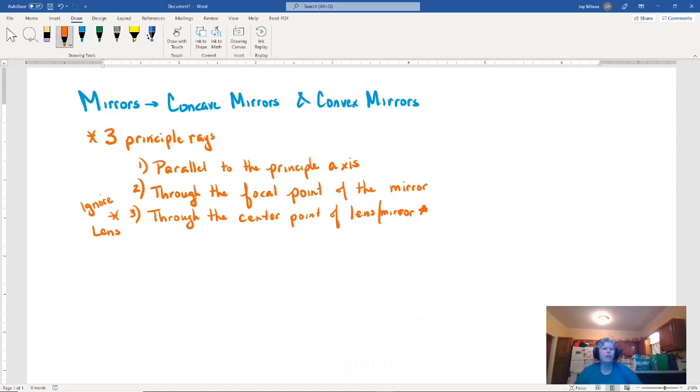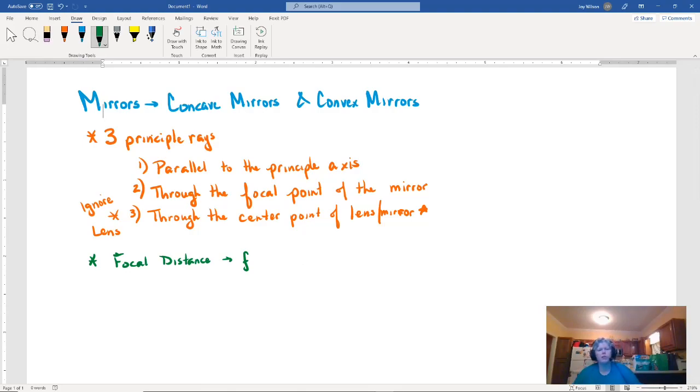So the deal here is there's a couple of pieces of information you know. Number one, the focal distance, which is represented by F. Sorry, we're going to get our object and image distances here.